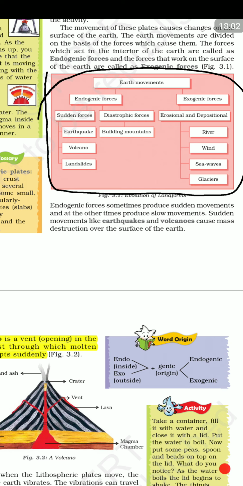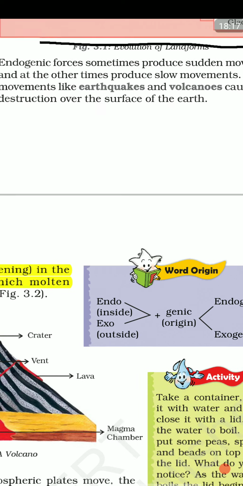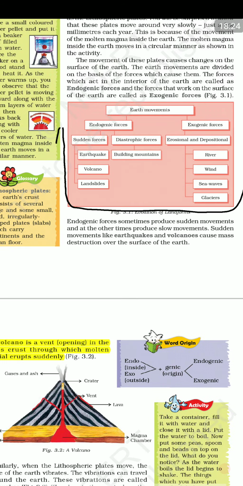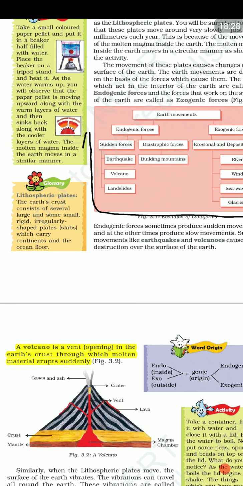And the word endo, we also use in like under, means inside. External, exo, outside. So these are important terms. Both volcanoes and the earthquake are catastrophic forces which cause the Earth's movement, right?